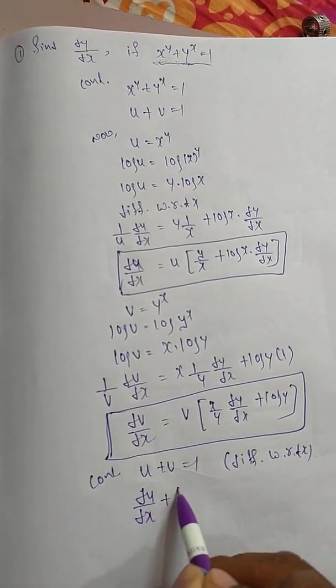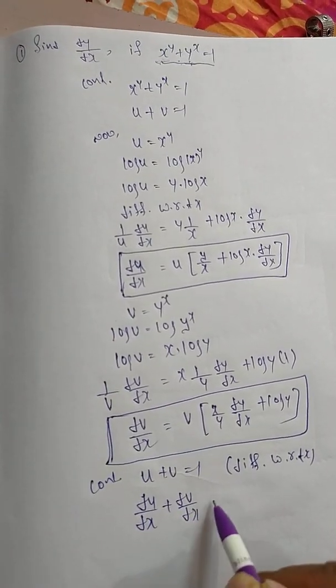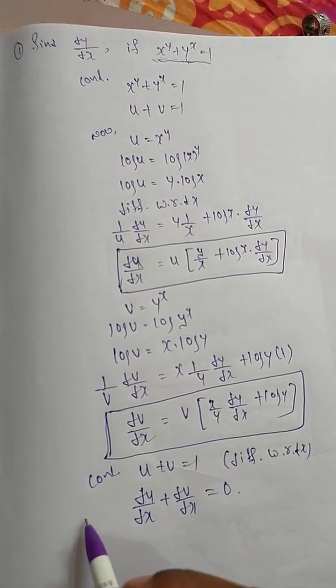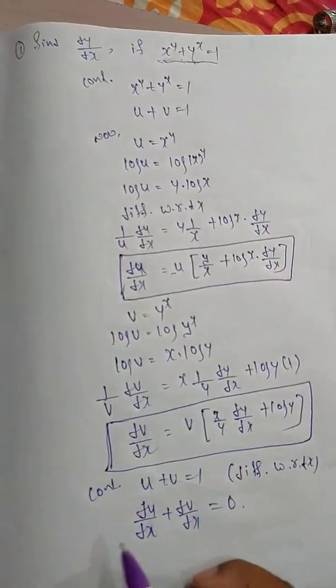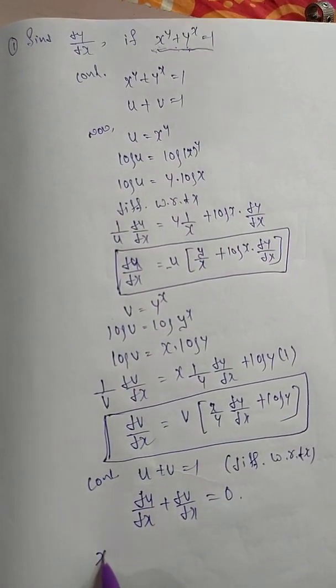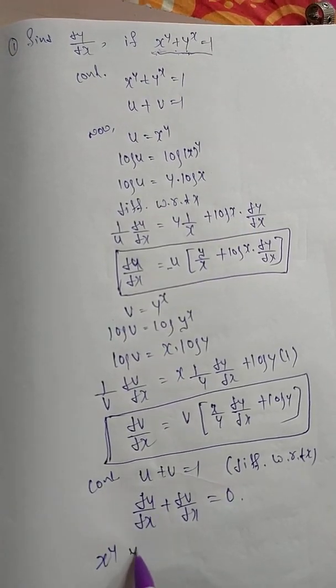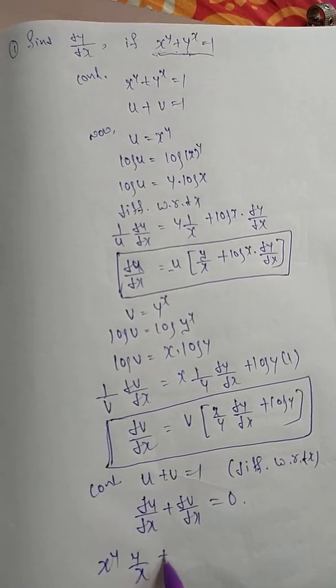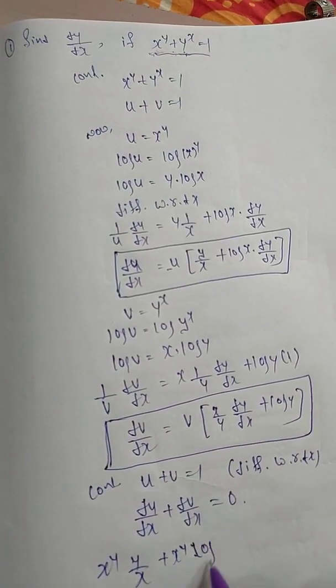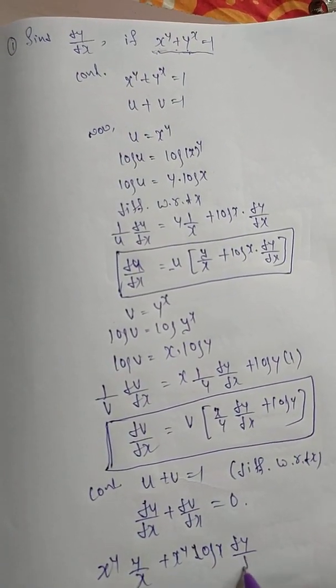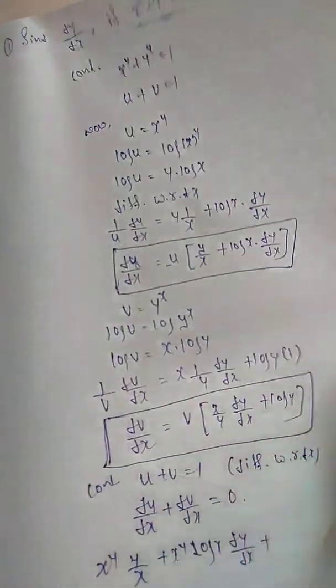The differentiation of v is dv by dx. The differentiation of 1 is 0. Now what is u? u is x to the power of y. So substitute this: x to the power of y into y by x plus x to the power of y into log x into dy by dx, plus, what is dv by dx?